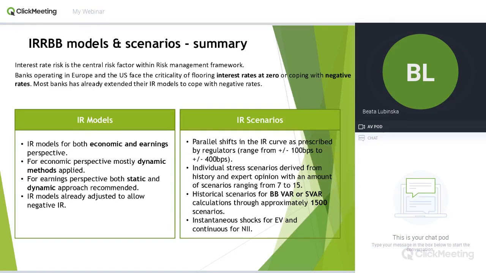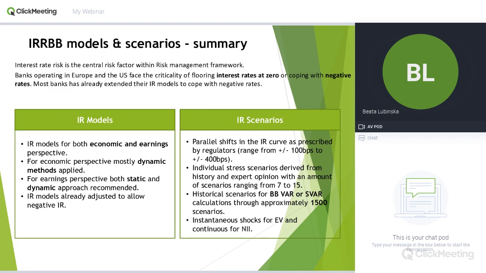So this is exactly what the banks are doing right now. They construct models which allow negative rates in the environment. You have at least 7 or 15, even from 7. There is a range of scenarios which the banks provide for the sake of the IRBB calculation.